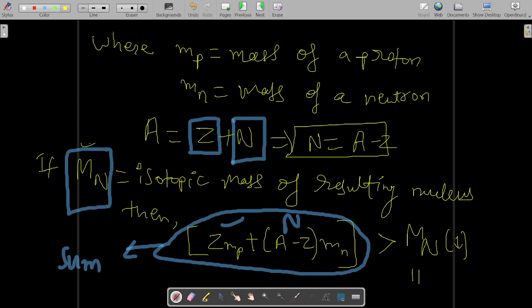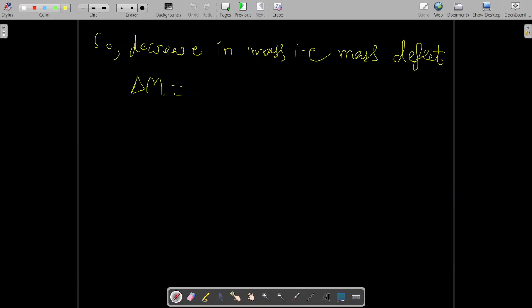This is suppose 11.7 and this is suppose 12. So your decrease in mass will be 0.3 kg, mass has been lost, by the previous hypothetical example. So that will be your decrease in mass.